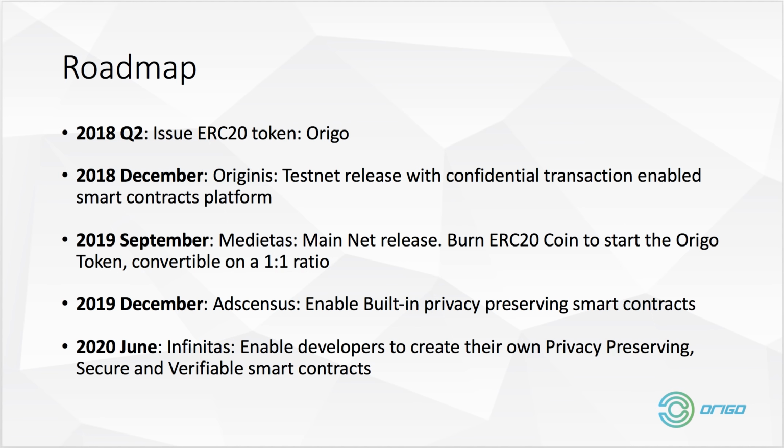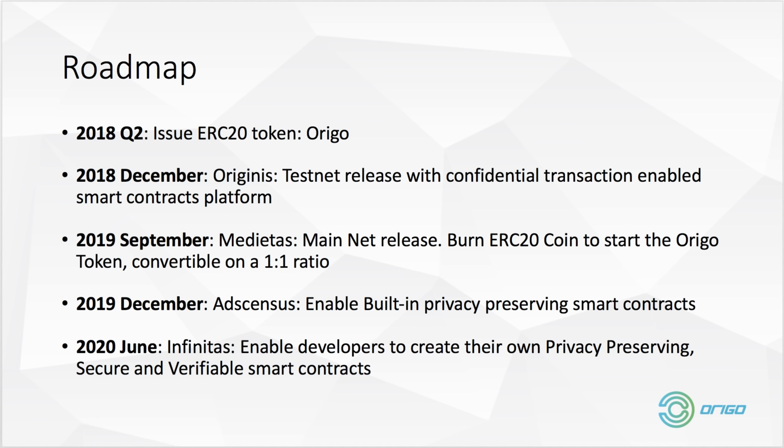And in mid-September of next year, we plan to launch the mainnet, and at that time we're going to need to burn the ERC20 coins to start the Origo token, and then convert it.